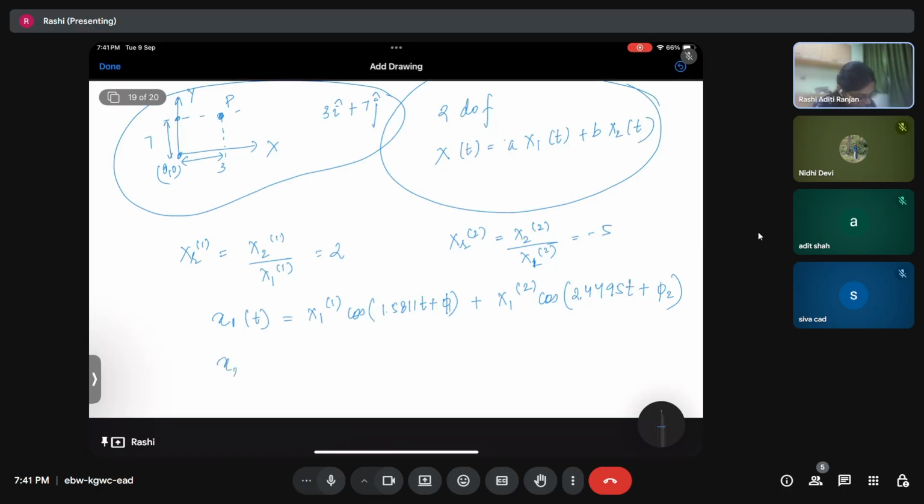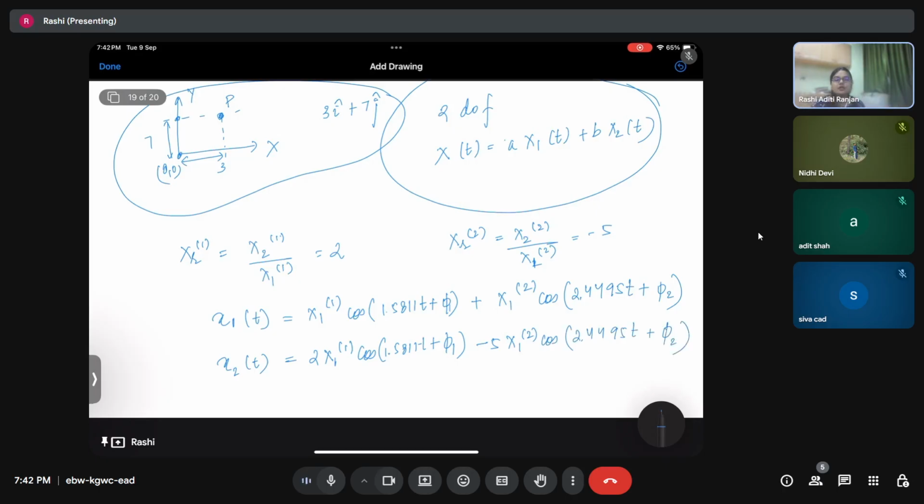Similarly, for x2 of t, following the relation of the mode shape, we can write twice x1 of 1 cos of 1.5811 t plus phi 1, minus 5 x1 of 2 cos of 2.4495 t plus phi 2.